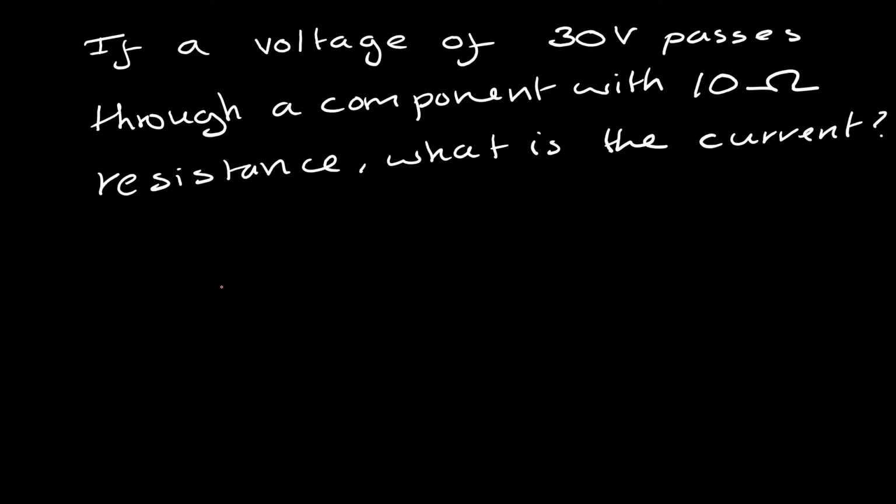If a voltage of 30 volts passes through a component with 10 ohms resistance, what is the current? Again, we write out the equation. This time we need to rearrange. We need to make I the subject, so divide both sides by R. So it's V over R equals I. It's exactly the same process as in maths.